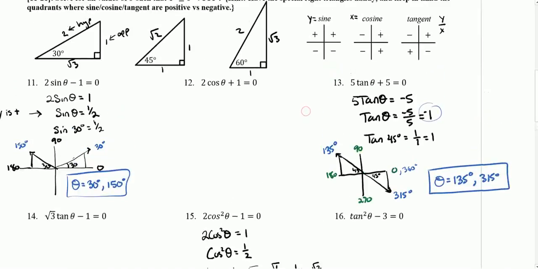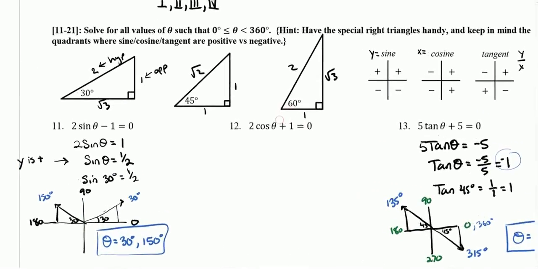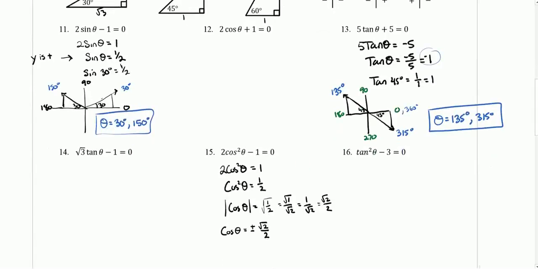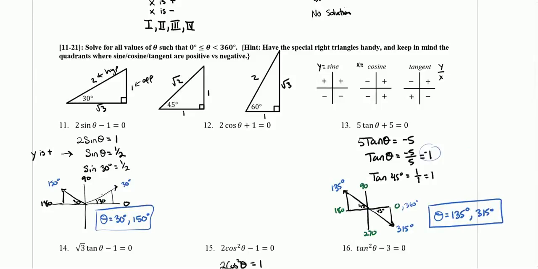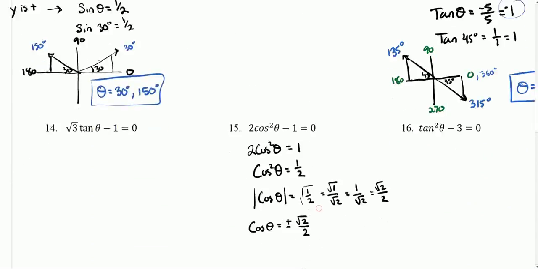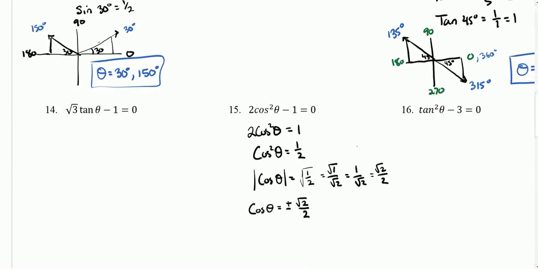So which angle are we talking about here? Cosine of what angle is root 2 over 2? Well, if we look at the 45, we're going to get the cosine of 45 is 1 over root 2, which is what we have at that location.